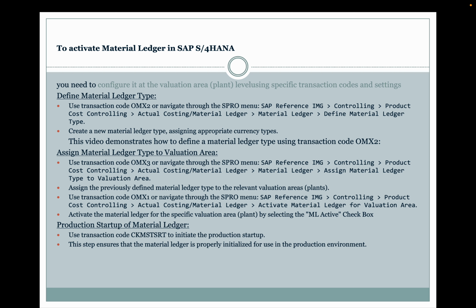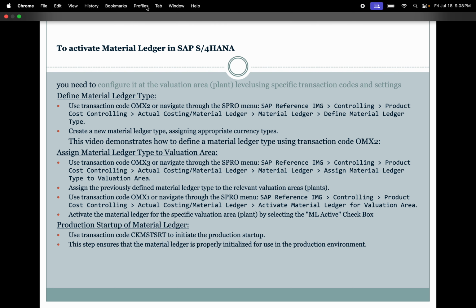Moreover, it is cost estimation relevant: when you use this component in production orders, it will be captured where you bought it and the value of the cost component. That's why in S4 HANA, the material ledger is mandatory.